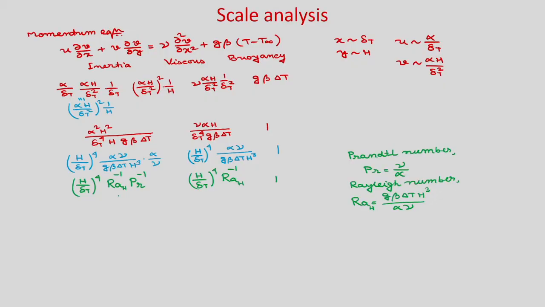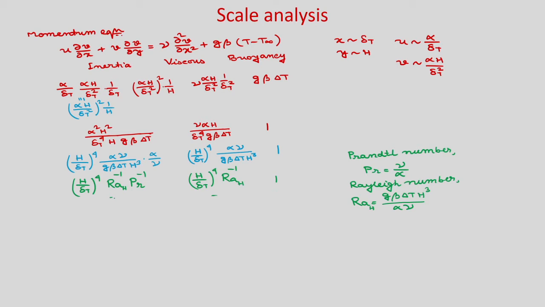So, for high Prandtl number fluids, Prandtl number will be much greater than 1, and you can see in this particular case, it is 1 by Prandtl number. So, if it is 1 by Prandtl number and Prandtl number is very high, so this term will be dominant term. Okay. So, this term will be dominant term for the high Prandtl number fluids, and when you have low Prandtl number fluids, so obviously this will be your dominant term, but in each case buoyancy term should be present.